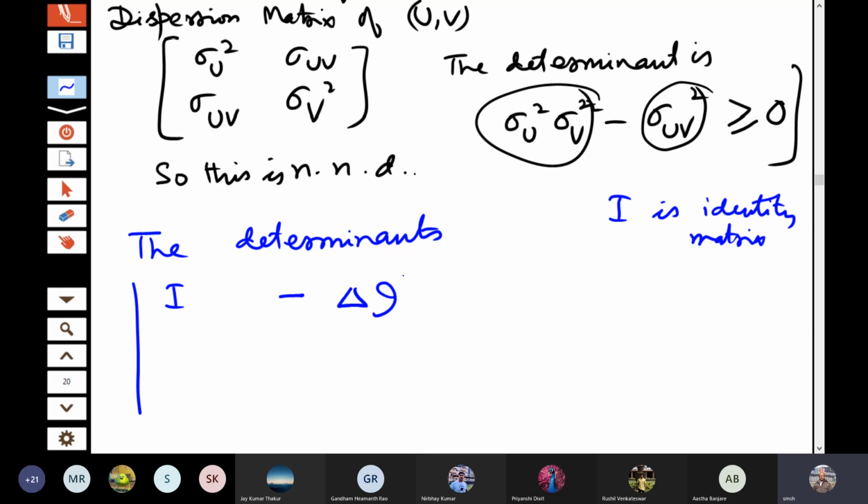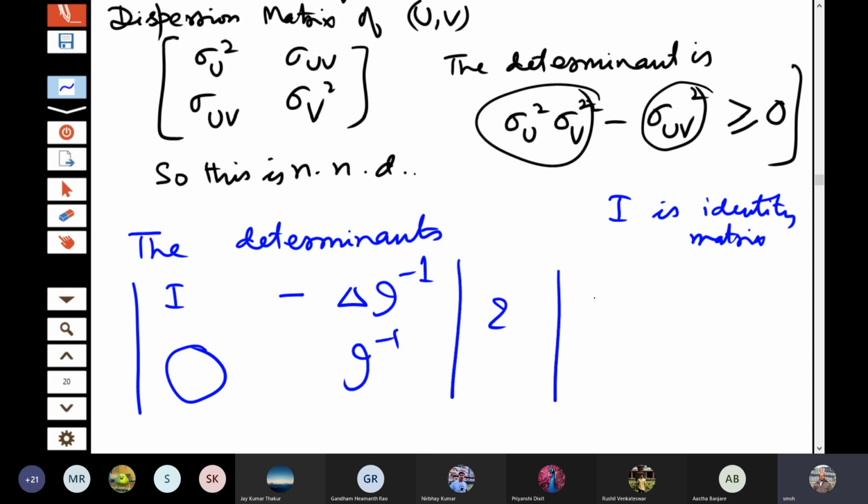Minus delta I inverse. This is information matrix inverse. Null matrix and I inverse. And V delta transpose I.